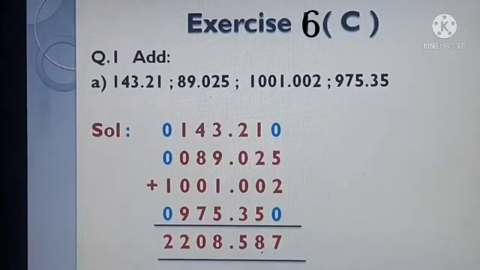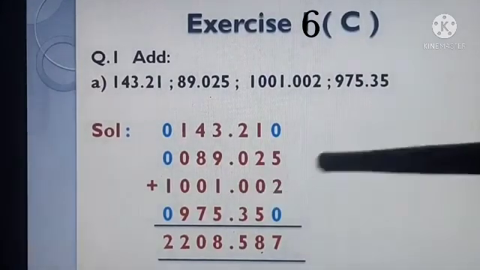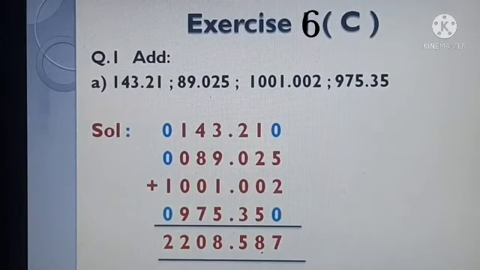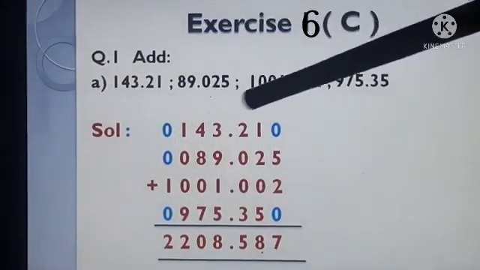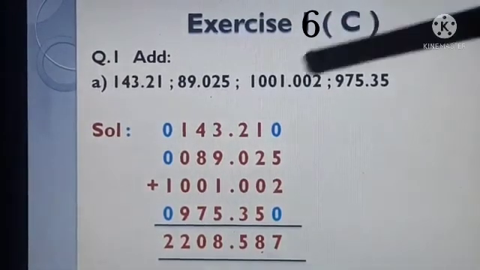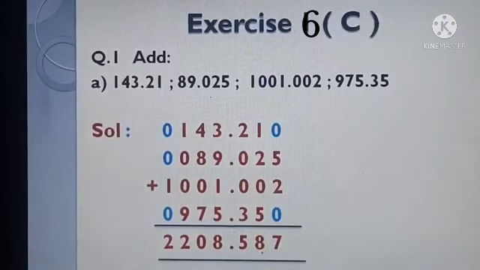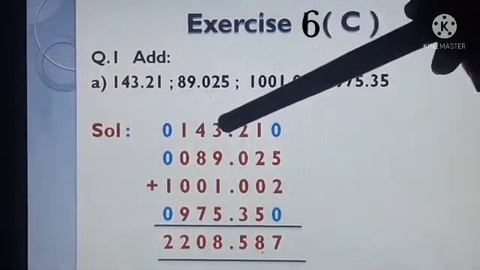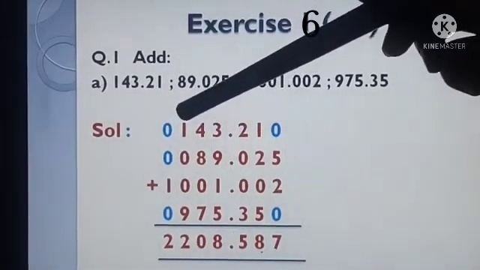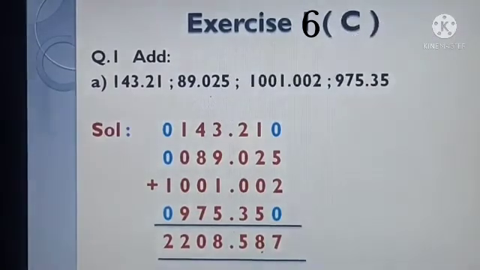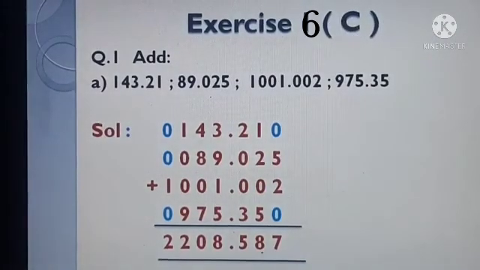Are you observing from this given question that zeros are outside? We are not inserting 0 in the given numeral. अगर दिए हुए नंबर के बीच में आप 0 पुट कर देंगे तो आपका नंबर चेंज हो जाएगा बेटे. If you are writing 0 here, it will become 1430. That is wrong.